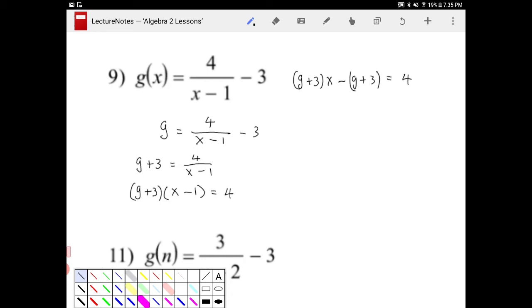I'm going to add over the g plus 3. So I'll end up with (g plus 3) times x is equal to 4 plus (g plus 3). And then I'm going to divide both sides by g plus 3.